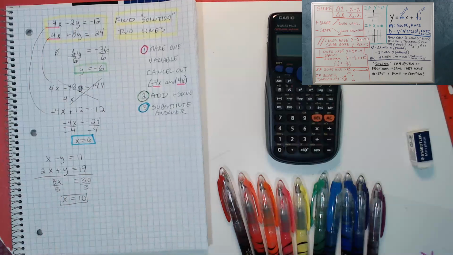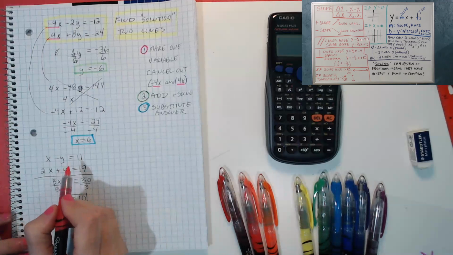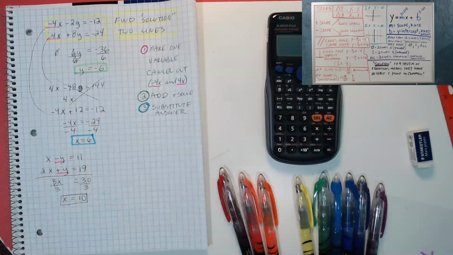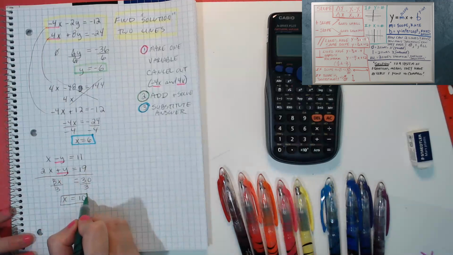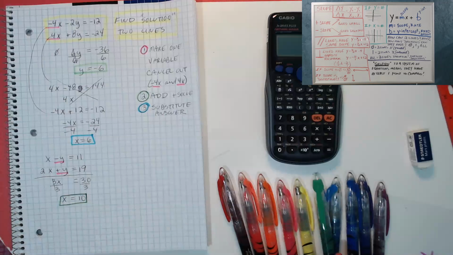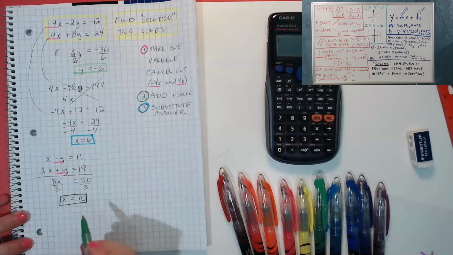Let me go ahead and highlight some of this so we follow our path. Make the variable cancel out. That's this one. And then we add and solve. This time we got x. And now we substitute. Obviously, I'm going to put it in the first equation. It's much simpler.